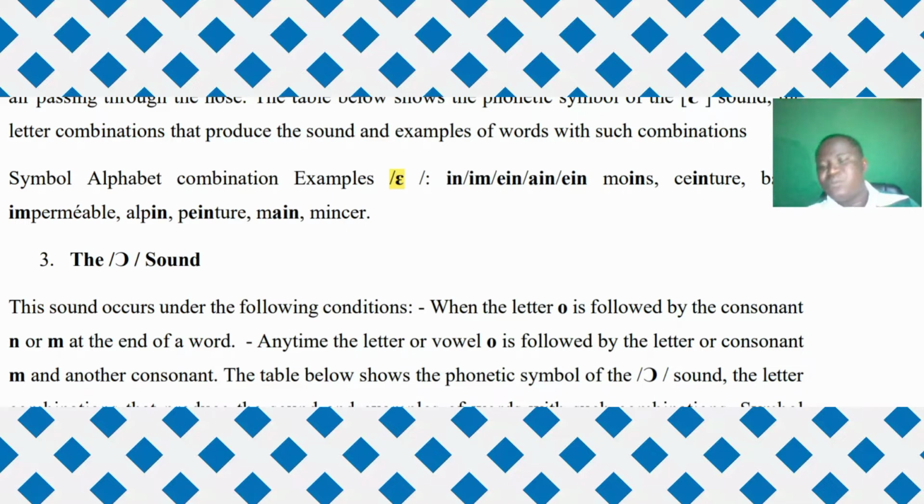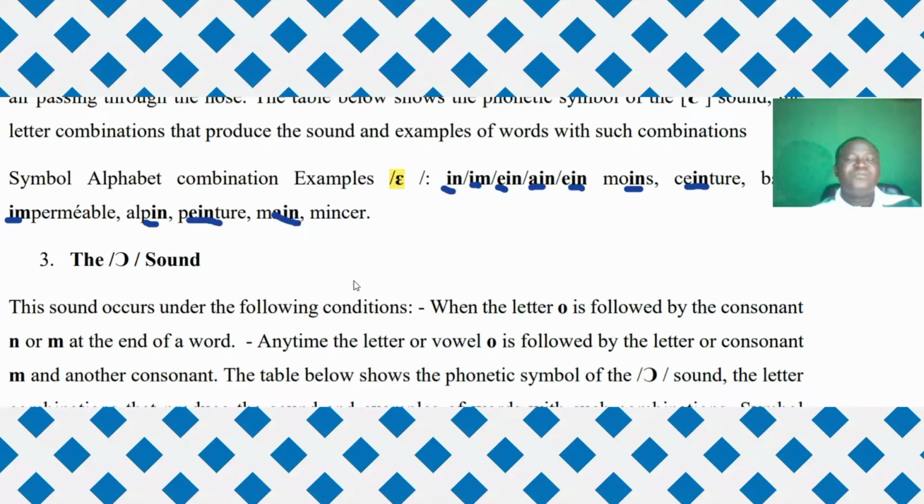So let's quickly pronounce them now. We have moins, ceinture. Then we have impeccable, afin, peinture, mais.